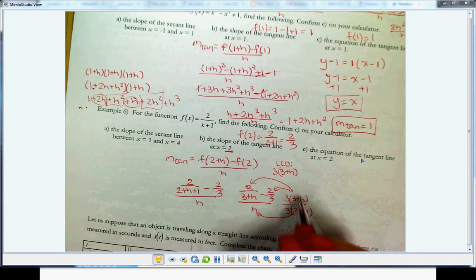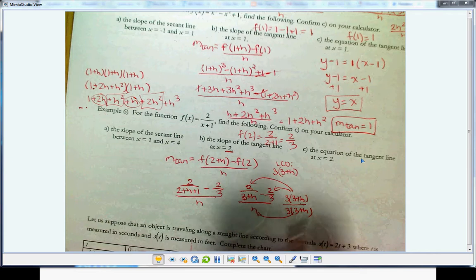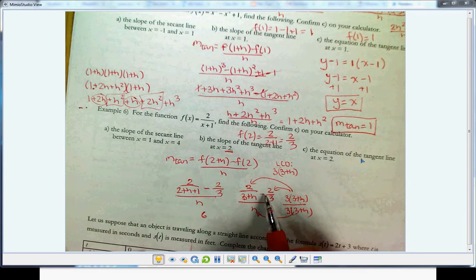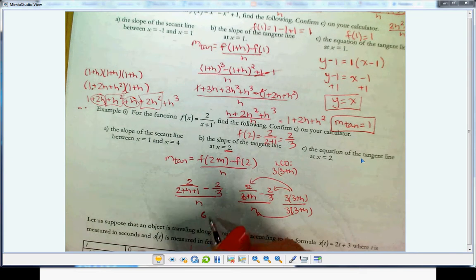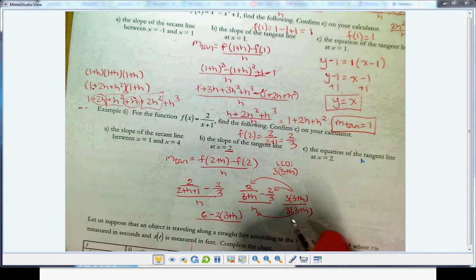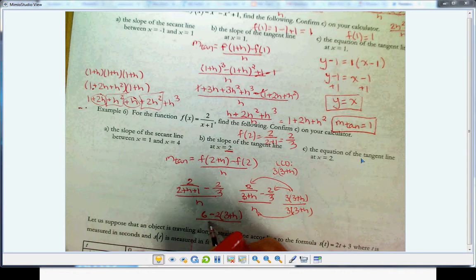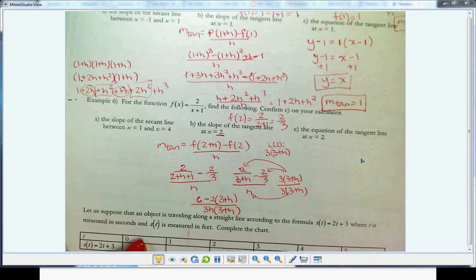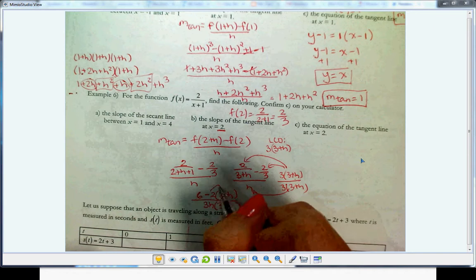So when I multiply it by this one, the 3 plus h and the 3 plus h cancel out, so I'm left with 2 times 3, which is 6. Over here, the 3 and the 3 cancel out, so I'm left with 3 plus h. The bottom, I have a 3h and a 3 plus h. And so I'm going to distribute this.